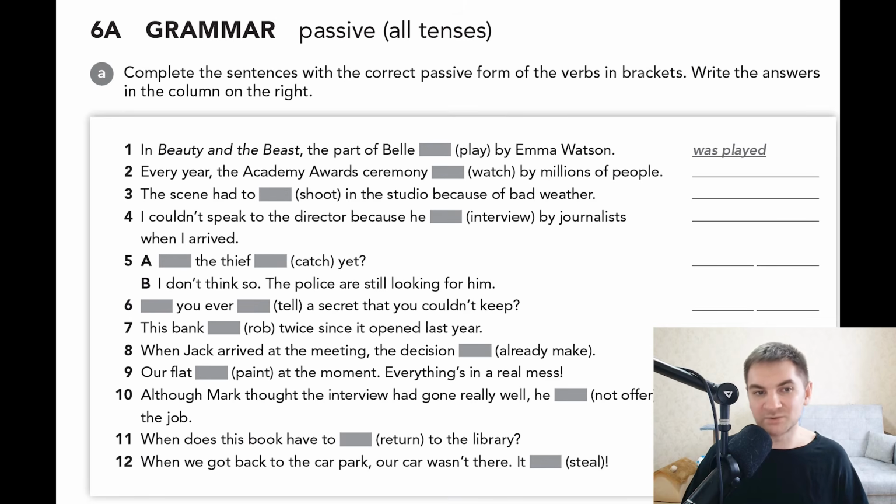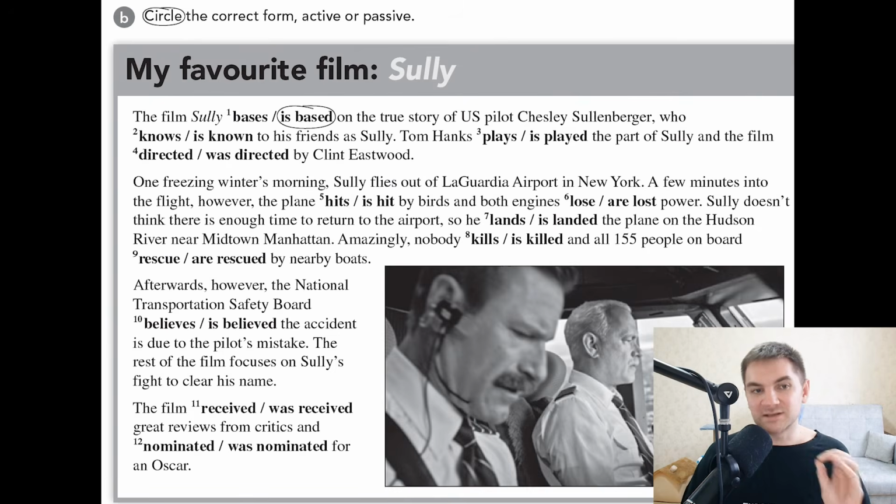Your job is to write the correct passive form of that verb in the column on the right. Let's look at the example. In Beauty and the Beast, the part of Belle was (play) by Emma Watson. So the verb is play, and the answer, of course, is played.